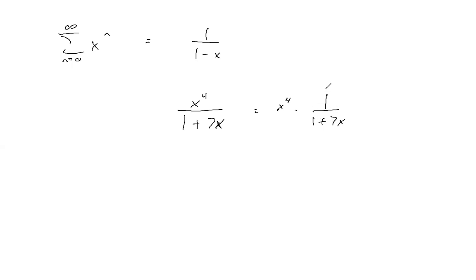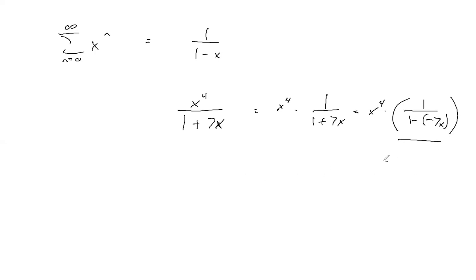Now let's try and write this piece in a form similar to this. So I got my x to the fourth out front, and then I want this to be a minus, and then what do I need in the parentheses? Negative 7x. Okay, so now this thing has a power series, right? I know the power series for this thing.